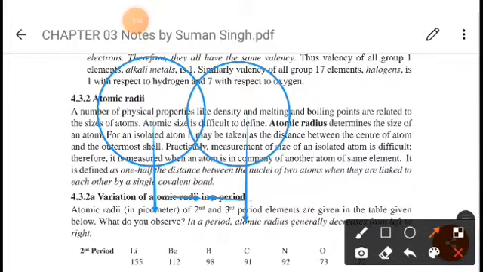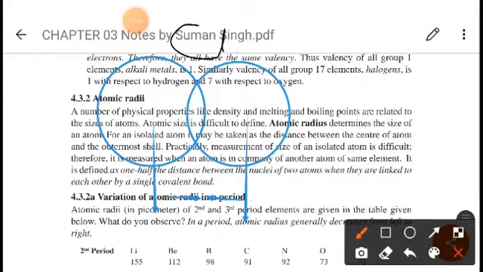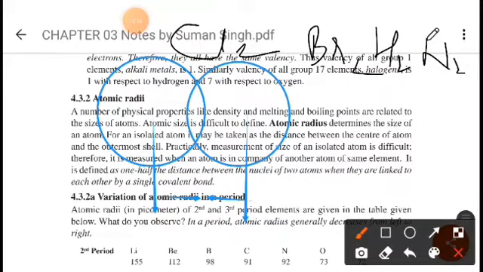Examples of homonuclear diatomic molecules are Cl2, Br2, H2 or N2. These are all homonuclear diatomic molecules, right? For calculating the radius of homonuclear diatomic molecules, we can use a simple formula.